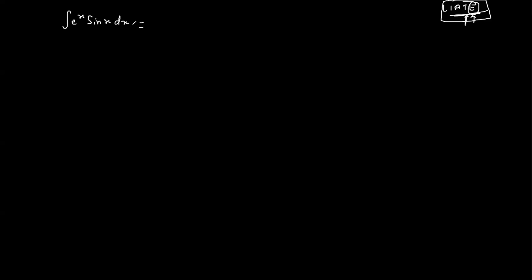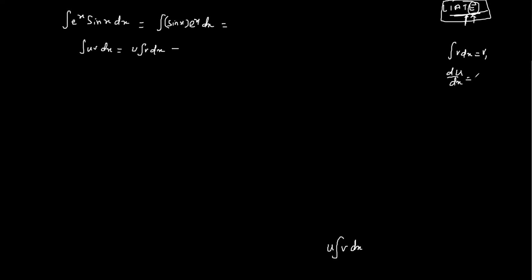So trigonometric function comes first. So I consider sin x as u and e^x as v. According to the UV rule, I write the formula: u times integration of v, minus... Sometimes the integration of a function can be written as v1 and the differentiation of a function can be written as u dash.